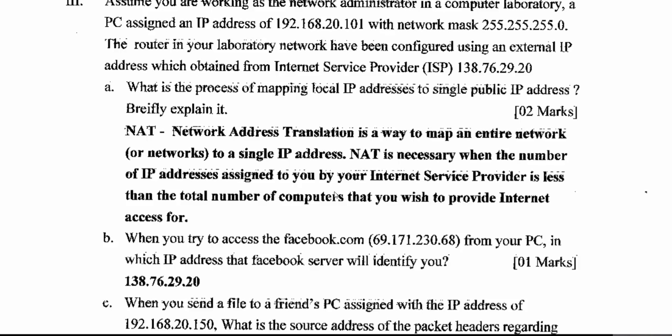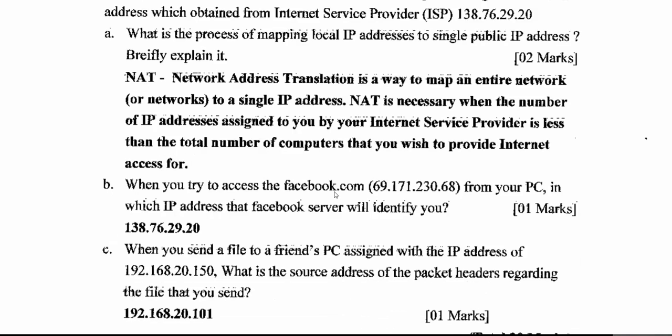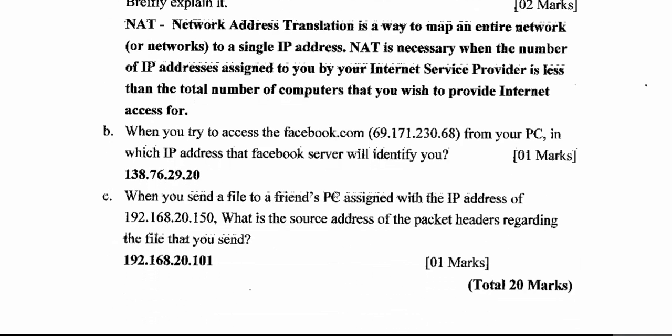Therefore, when we access facebook.com, that is outside our network, we can't use our internal IP addresses to go to facebook.com. Therefore, the IP address which will be recognized is the IP address of the internet service provider, which is 138.76.29.20.